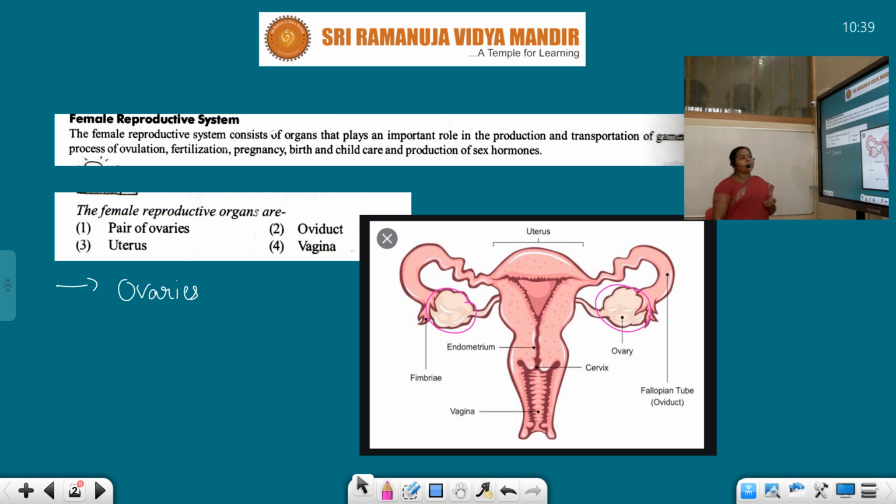Our female reproductive system consists of organs that play a very crucial role in the production and transportation of gametes, and in the process of ovulation, fertilization, pregnancy, birth and child care, and production of sex hormones.